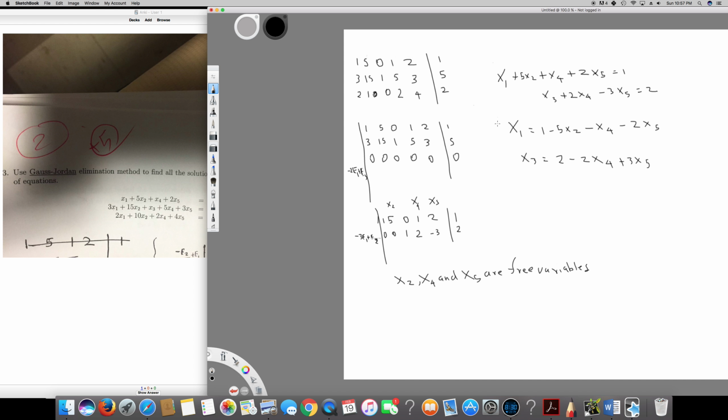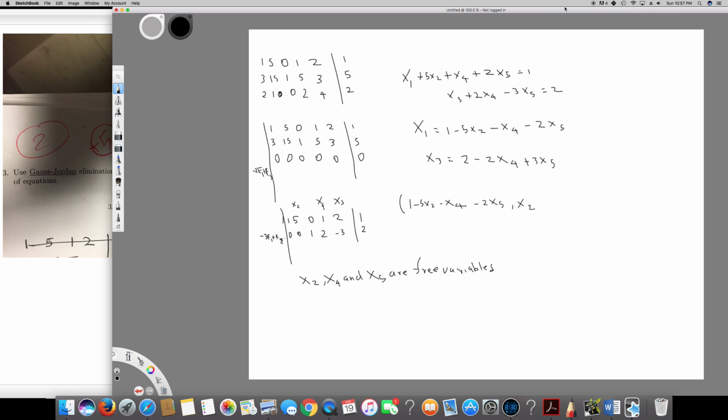We can write this as x1 equals 1 minus 5x2 minus x4 minus 2x5. This is my x1, and x2 is a free variable, so I just put x2. We don't have to change it in any form.